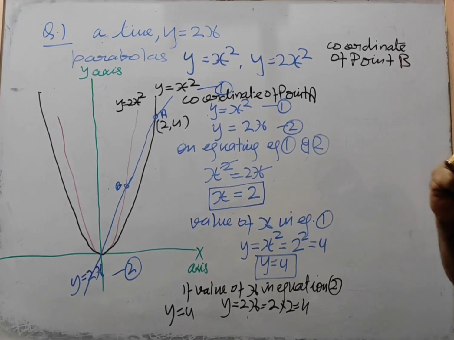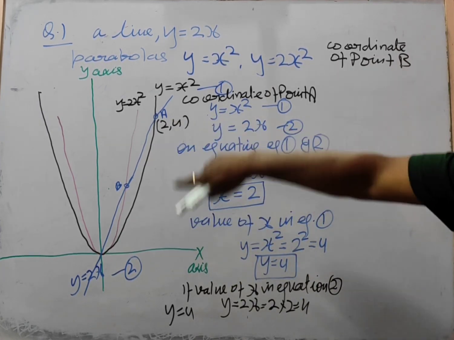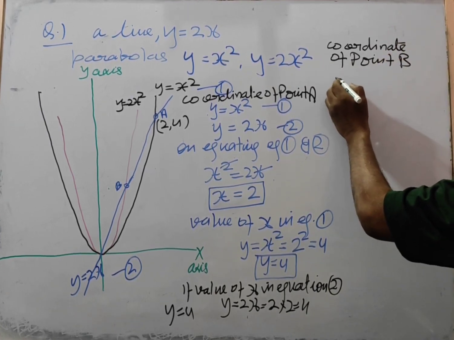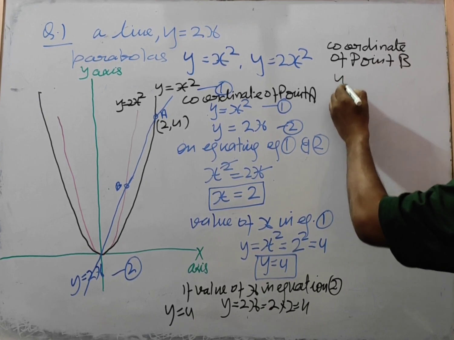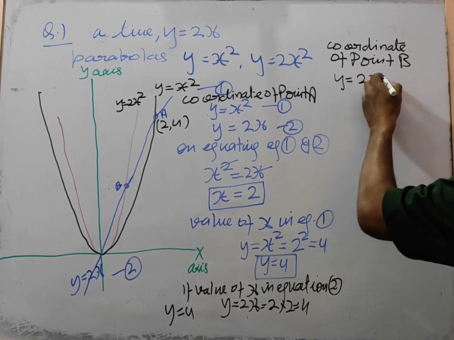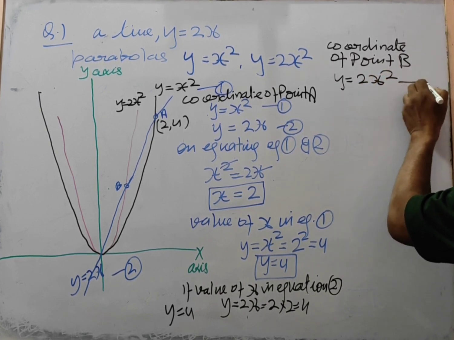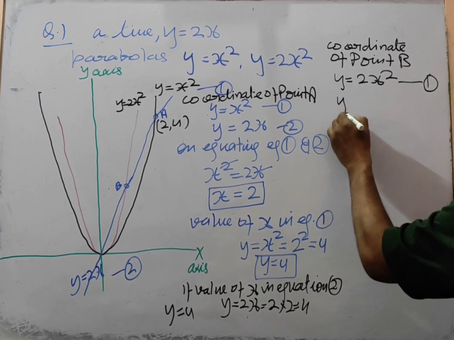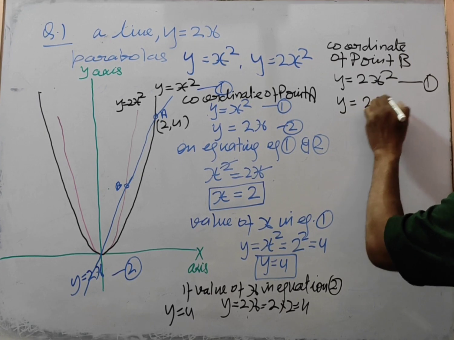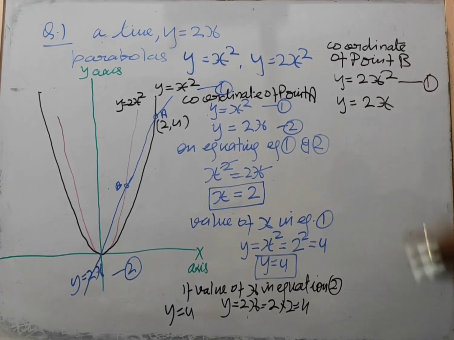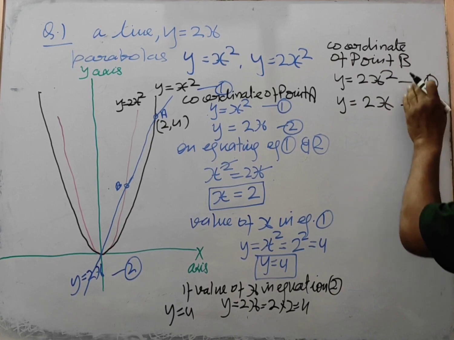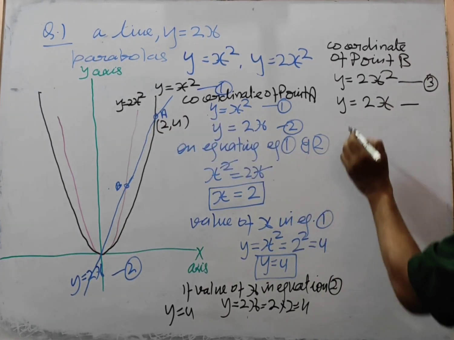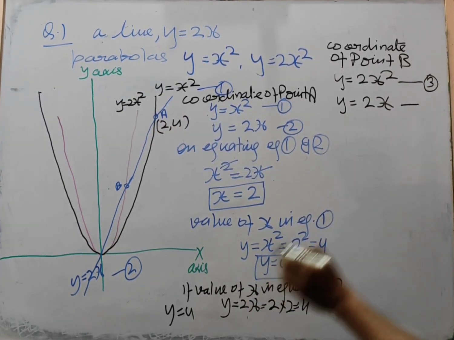The coordinate of point B is the intersection of two lines. y is equal to 2x square, that is equation number 3, and y is equal to 2x, which we already took as equation 2.